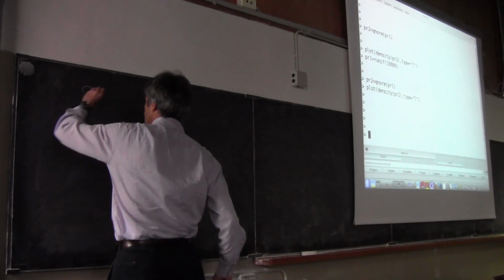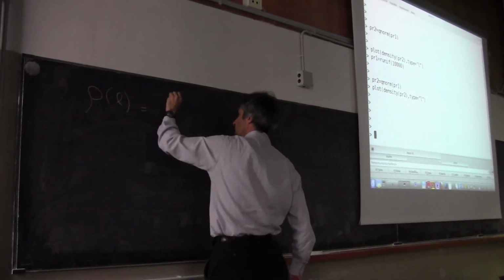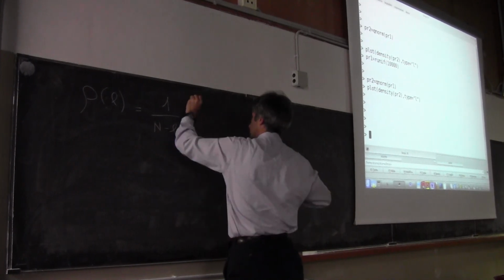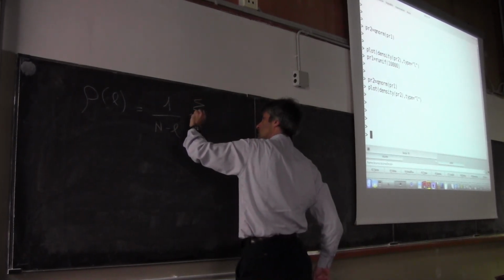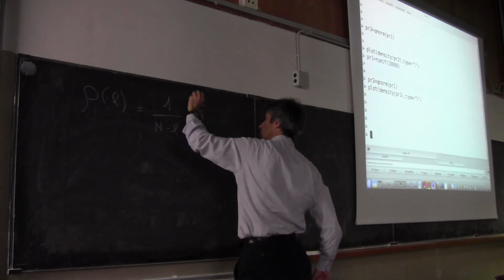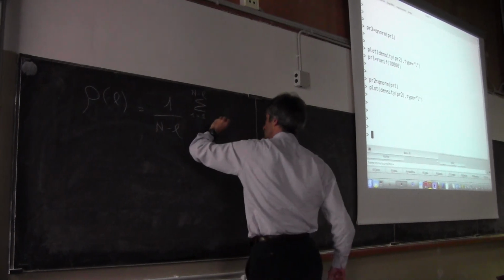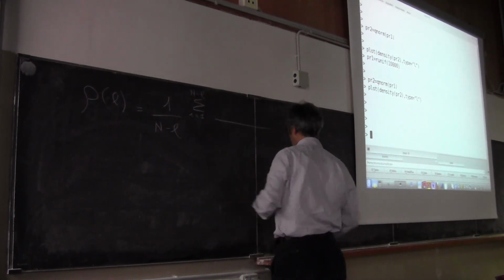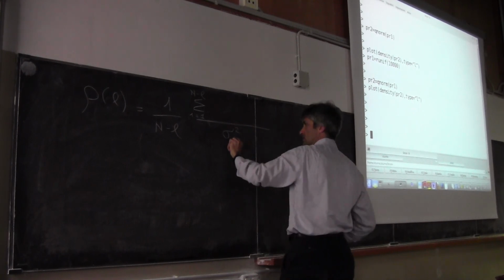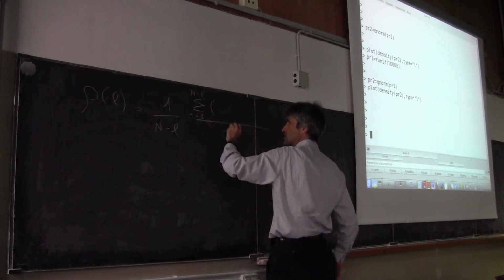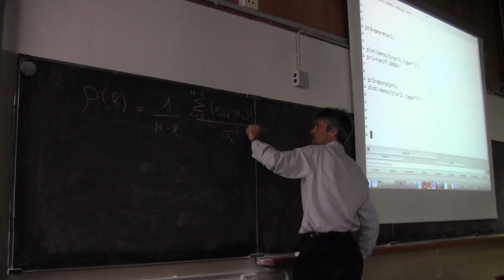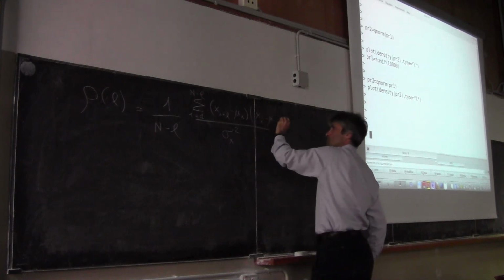It's rho depending on L is equal to 1 divided by n minus L, sum from, I think yesterday I used i equal to 1 to n minus L, divided by sigma squared x of x i plus L minus mu x times x i minus mu x.